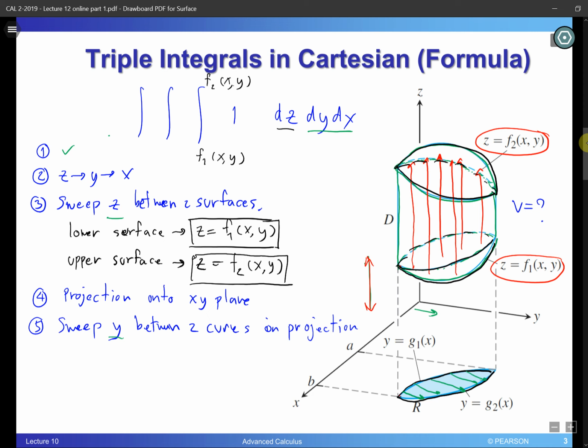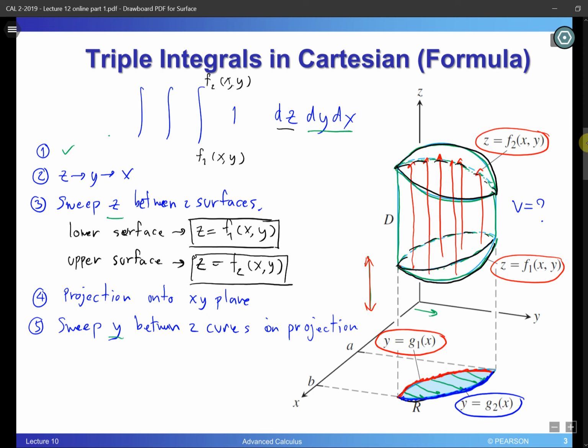This line has its own function, y equals g1(x), and another line has its own function, g2(x). I'm going to call the red boundary the left curve and the blue one the right curve.